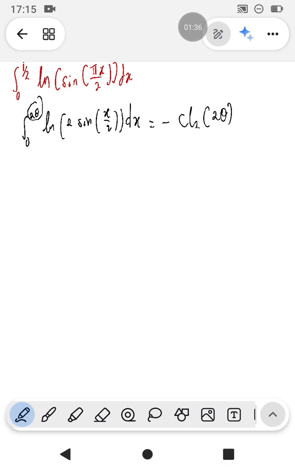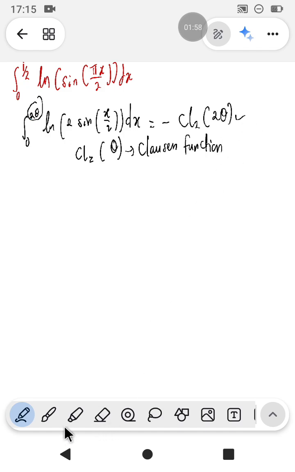Are we together? So this is what we call the Clausen function of order 2. Generally, we have the Clausen function of order z of theta. But what we'll be using today is the Clausen function of order 2.